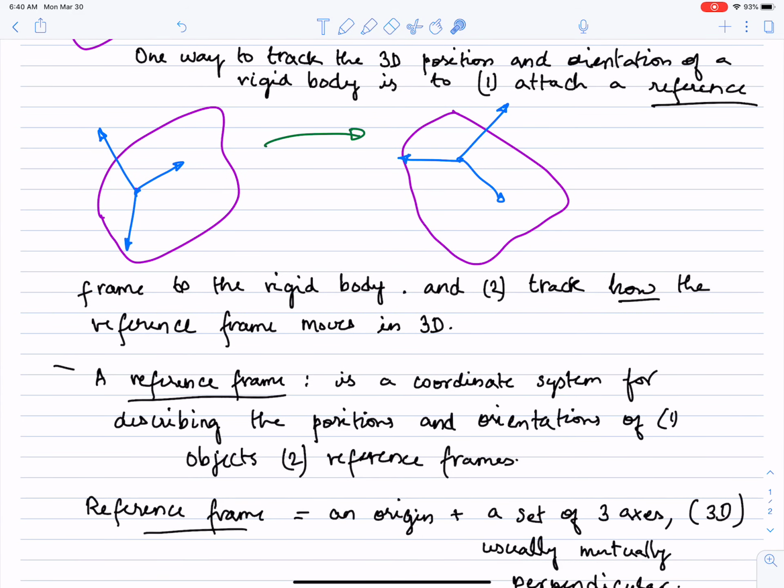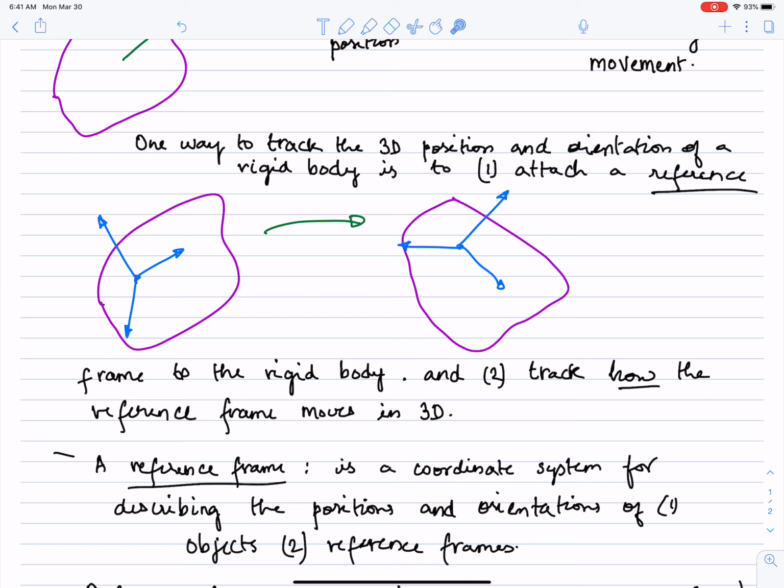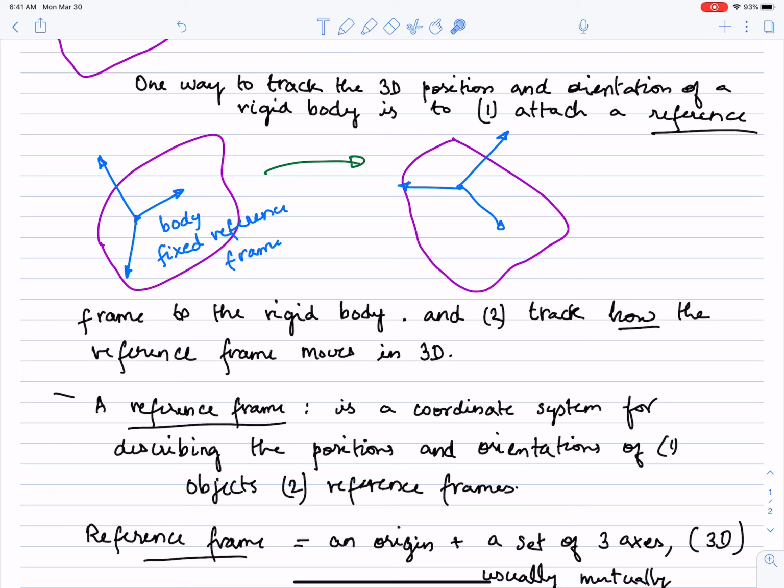And here we have other reference frames. Here we are saying that we are tracking the motion of this rigid body by essentially tracking this body fixed reference frame. Okay, because it's body fixed, it moves with the body like so. And if you do track the reference frame, you've essentially tracked the motion of the rigid body itself. The rigid body is a weird, complicated looking object, potentially, with some arbitrary shape.